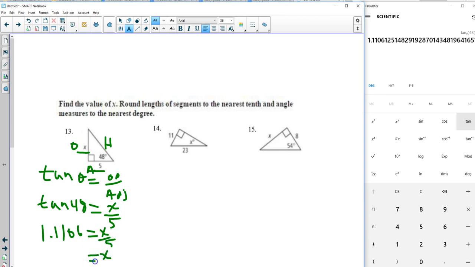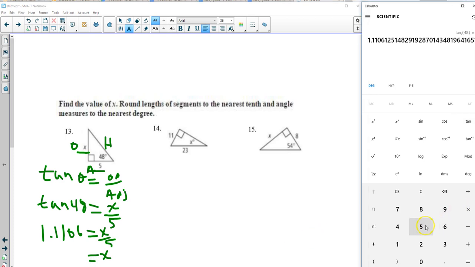I get x is equal to 5.55. So it says round lengths of segment to the nearest tenth and degrees to the nearest degree. So the length is 5.55. If I round to the nearest tenth, then that's 5.6.